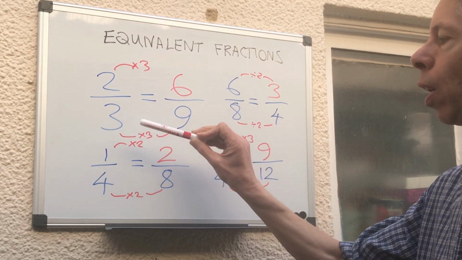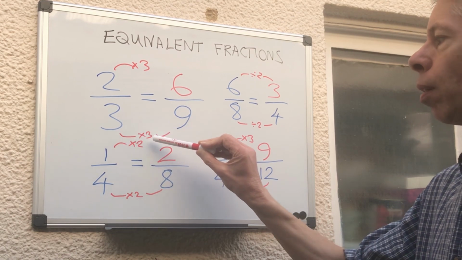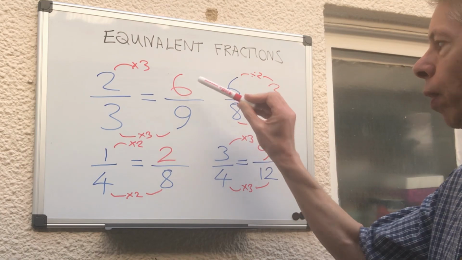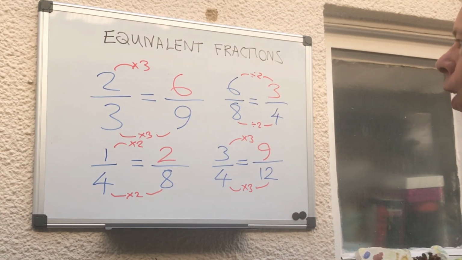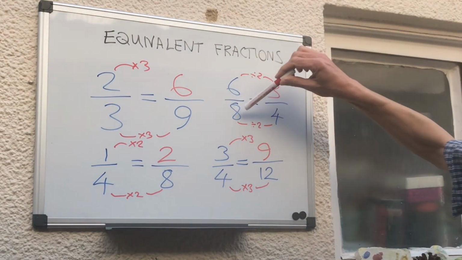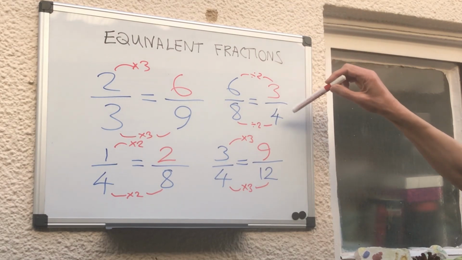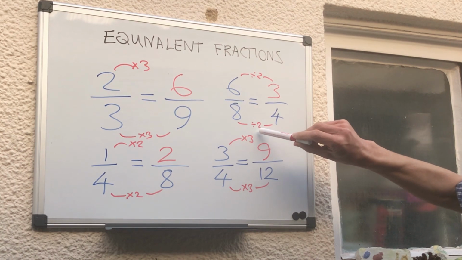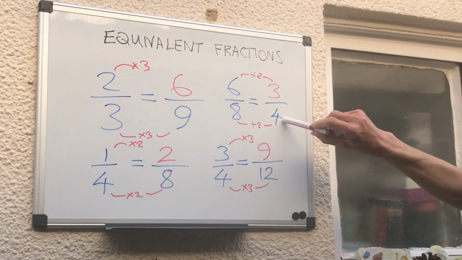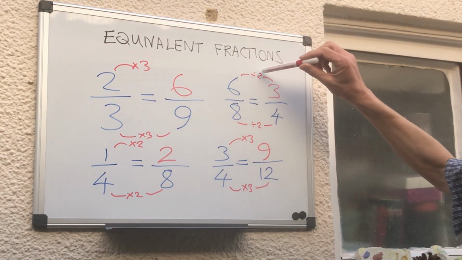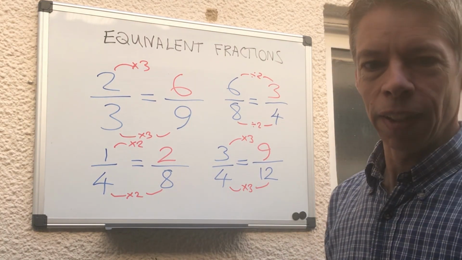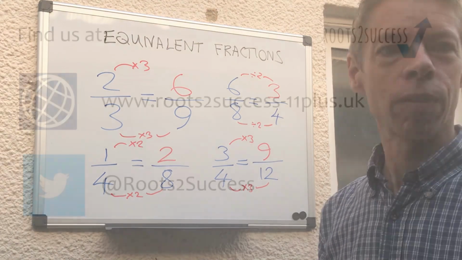So if you multiply this number by 3 to get 9, you've got to multiply that number by 3, which will give us 6. Or if we're dividing, if we've got 6/8 and we want to change into quarters, because we divided the 8 by 2 to get 4, we've got to divide the 6 by 2 to get 3. So thanks for watching. That's equivalent fractions.